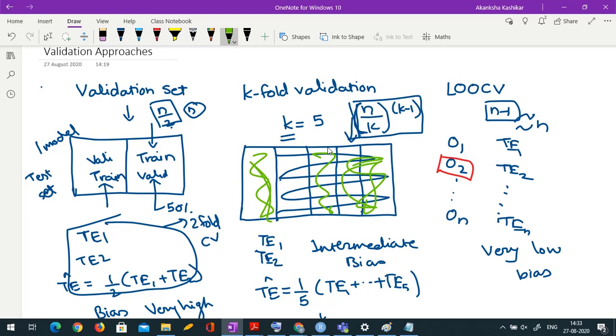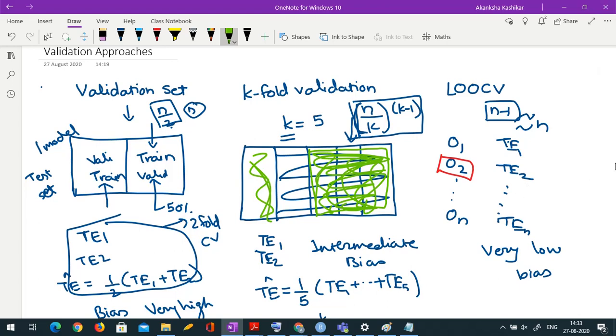So you can see that this part is common to both the models. So some of the part which is contributing to each model is common in k-fold validation. Whereas in LOCV, what happens? In LOCV, actually I am fitting on the basis of n minus 1 observations, so only one observation is different. So almost the entire training set is the same for each model.